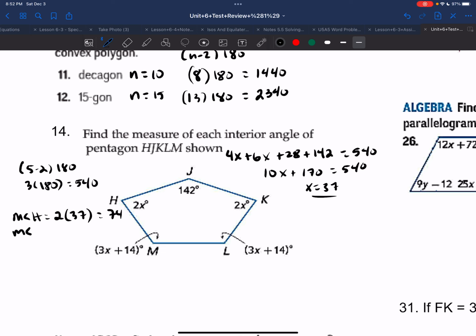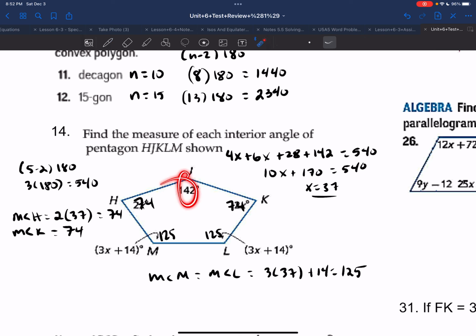So the measure of angle K is also 74. And then lastly, I need to figure out the measure of angle M, and it's the same as the measure of angle L. If I do 3 times 37 plus 14, that's going to give me 125. So this is 125, this is 125, and then this is 74, and this is 74.